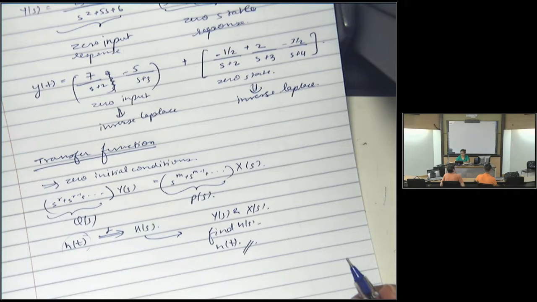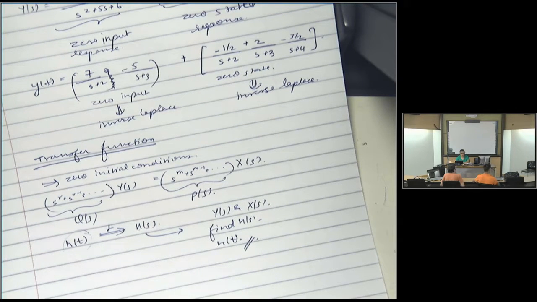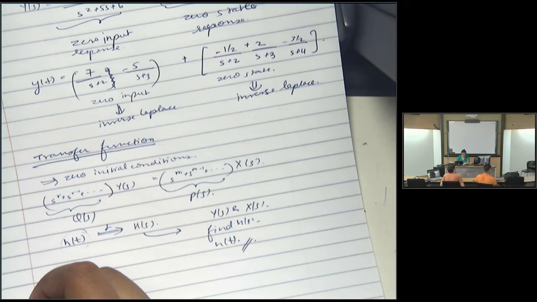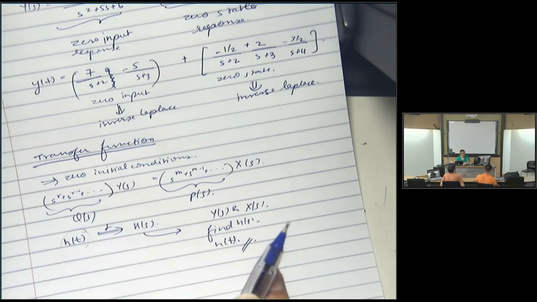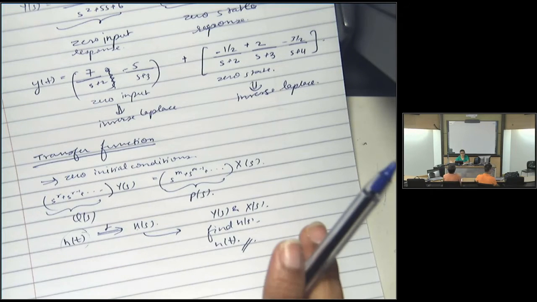The whole point of Laplace is taking your computations to another domain and doing them over there, so you don't have to do anything in the time domain. Because in time domain, your y(t) will be the convolution of h(t) and x(t).